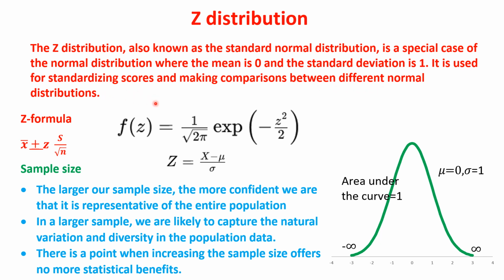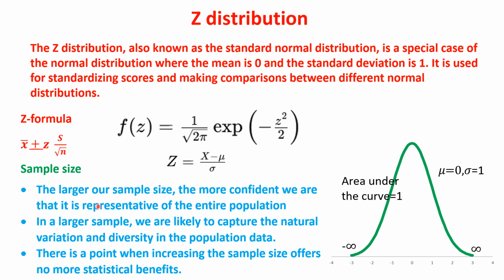Whenever we have different normal distributions with different standard deviations and means, how do we compare? For that, the Z distribution is created. The formula for the Z distribution is: Z equals the individual reading minus the average, divided by sigma.